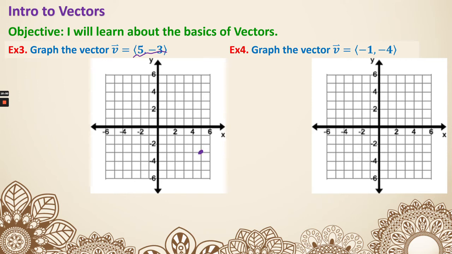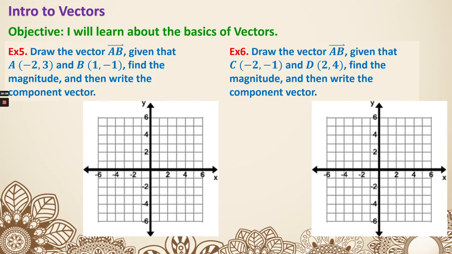The other point is going to be (0, 0), so I can just connect them, and it's easy as that. Of course, this is vector b. Next, example 4, same thing. (-1, -4) is going to be a point right here, and the other point is just going to start from the origin, and that is labeled as vector b. That's example 3 and 4.